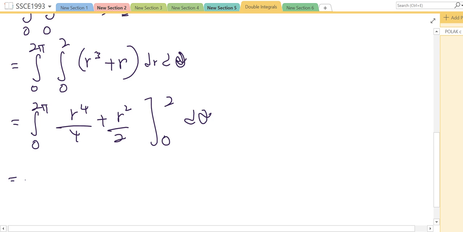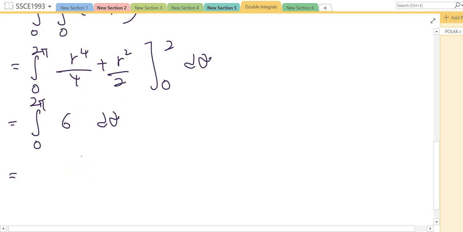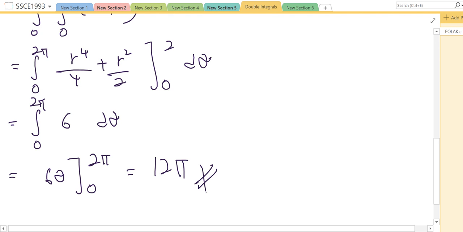After we substitute the values, we get the integral from 0 to 2 pi of 6 d theta. Now we integrate with respect to theta. We get 6 theta, and we substitute the limits 0 up to 2 pi. We're going to get 12 pi. So this is the answer.